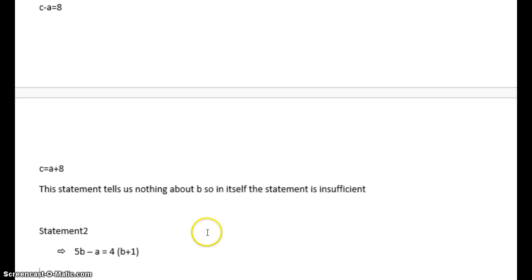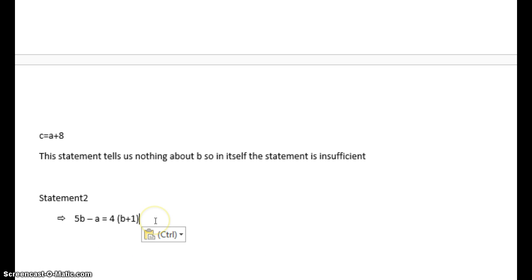Okay, 5b minus 4a gives us 4b plus 4. This means 5b minus a would be equal to 4b plus 4, right? Which implies b is equal to a plus 4.